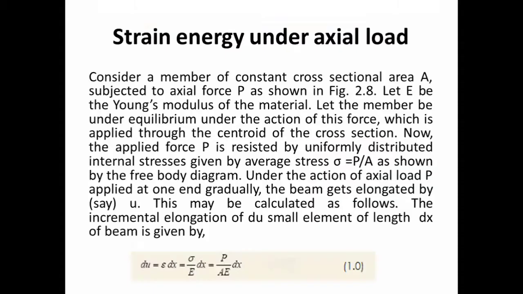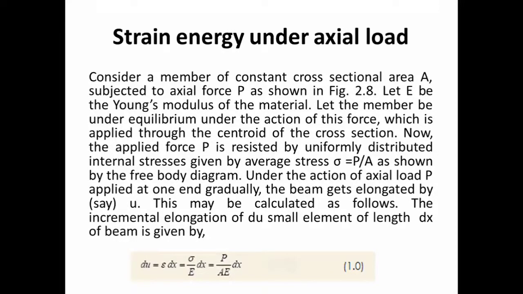So we are saying that under the action of axial load P applied gradually at one end, the member, instead of a column, we are making horizontal and calling it a beam, gets elongated by small u. Just now I have shown you in the diagram. So how to calculate this small deformation? PL upon AE is what we know, PL upon AE for the complete member.